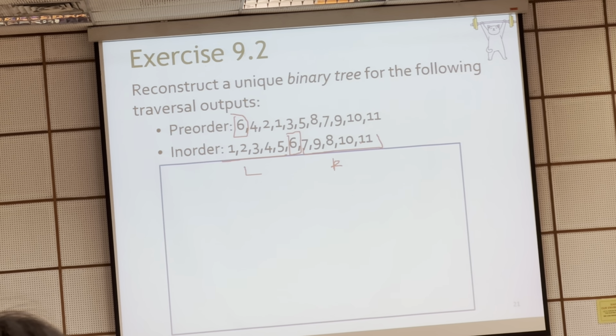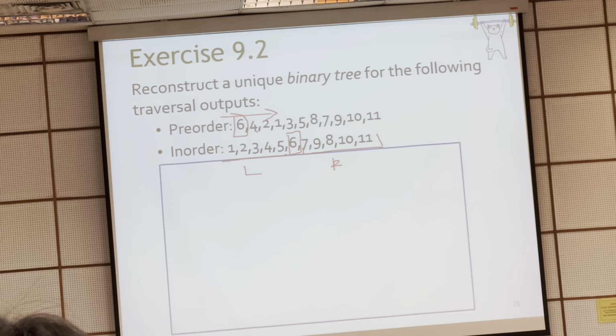So let's take a look at the pre-order. After number 6, if we read it this way, we have 4. So 4 is on the left. This will be the child of 6, on the left. Then on its left is 1, 2, 3, and on its right is 5, only one element, so I can write it like this.